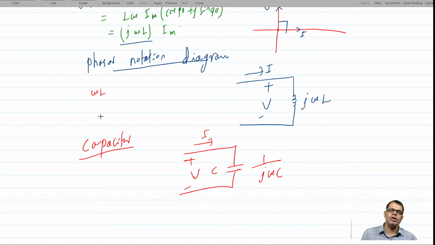Omega L is called the inductive reactance, and 1 upon omega C is called the capacitive reactance.